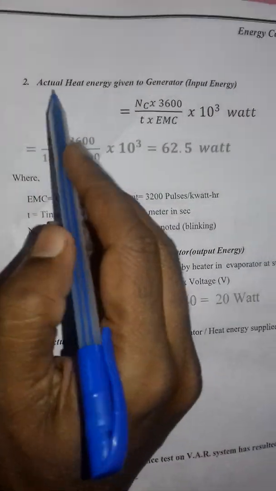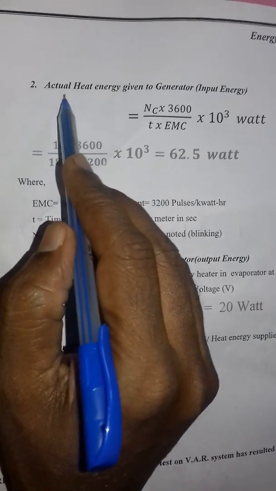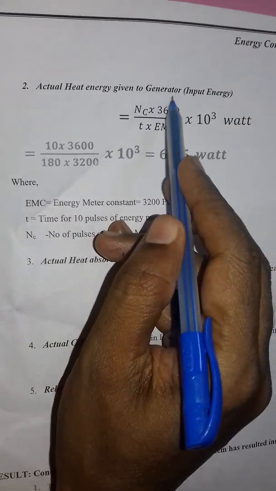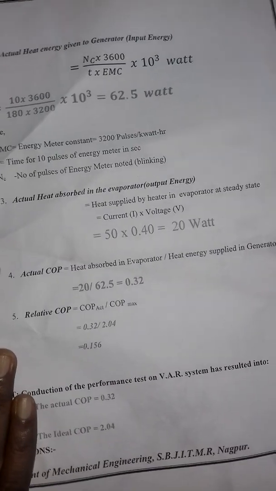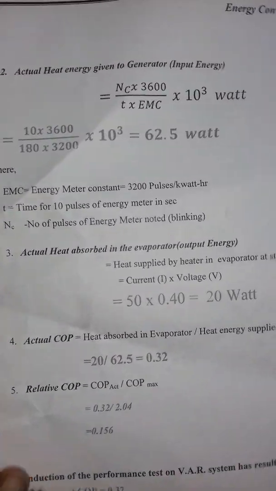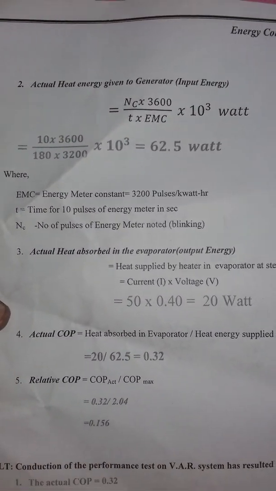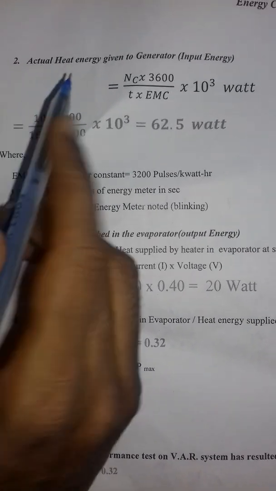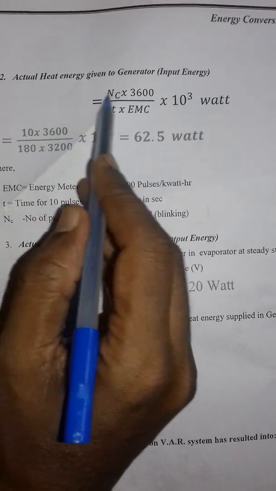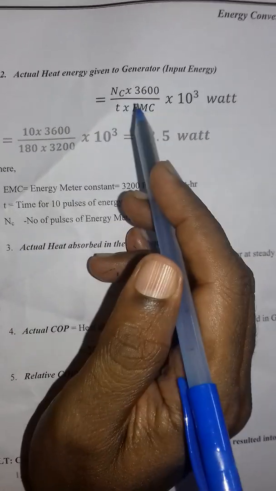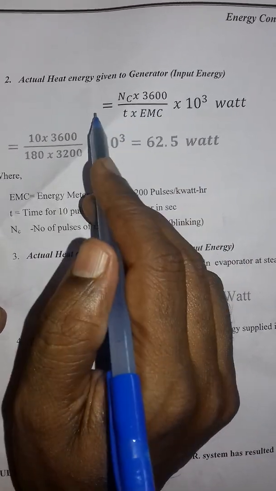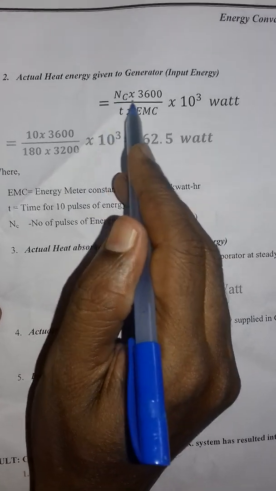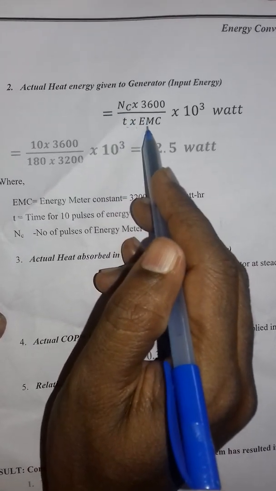Then the second parameter in the calculation is the actual heat energy given to the generator. We have to find the actual COP, and the formula for the actual COP is the refrigerating effect upon the actual work done. So we will find the actual amount of energy given to the generator. The formula for this is NC into 3600 upon T into EMC.